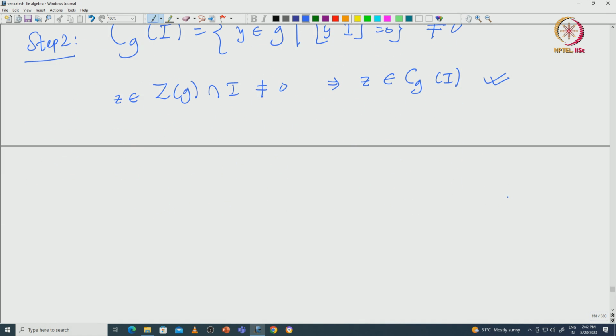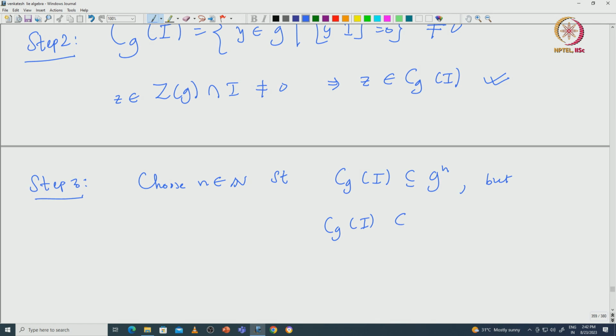So, now what do we do? We choose n in N such that this C G of I is contained in G power n, but C G of I is not contained in G power n plus 1.